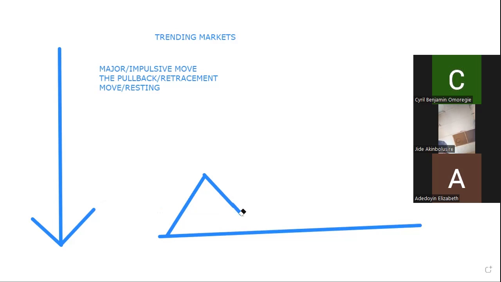From 4 hours, daily, and weekly time frame.